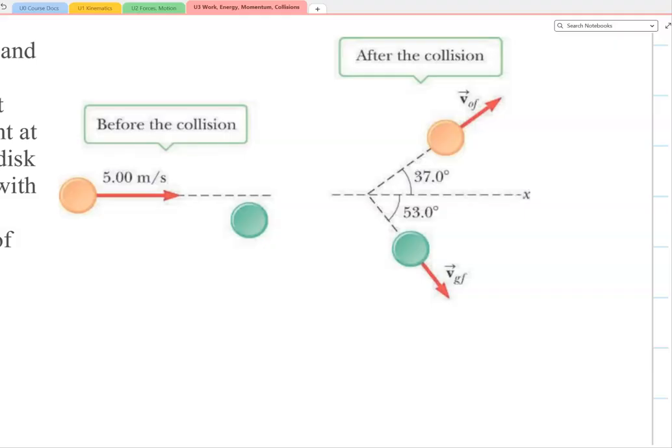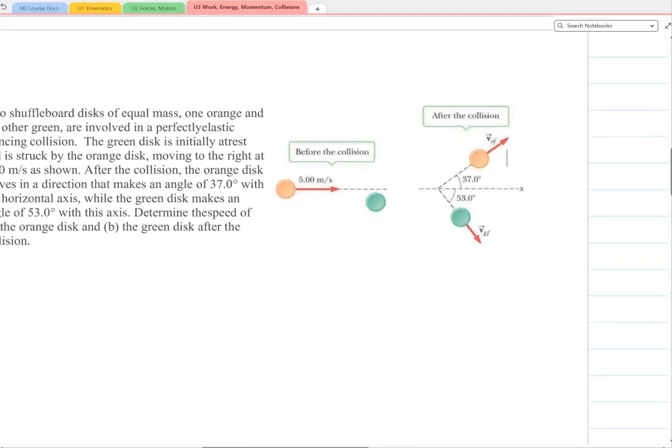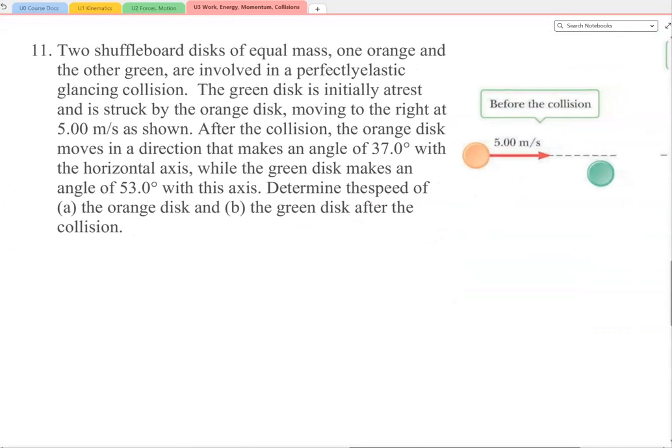After the collision, since this is a glancing blow, we're shown that the orange disk careens off at 37 degrees and the green one shoots off at 53 degrees. Our job is to figure out what the final velocity of the orange disk and the green disk is after the collision.